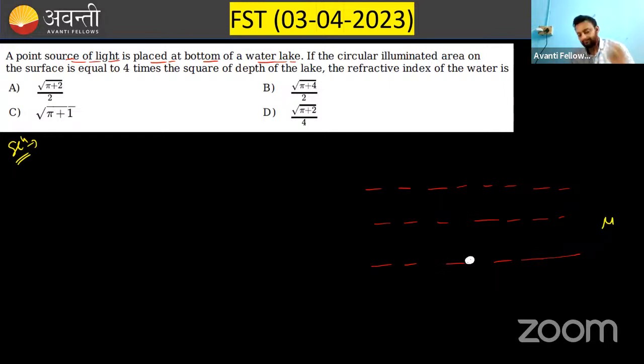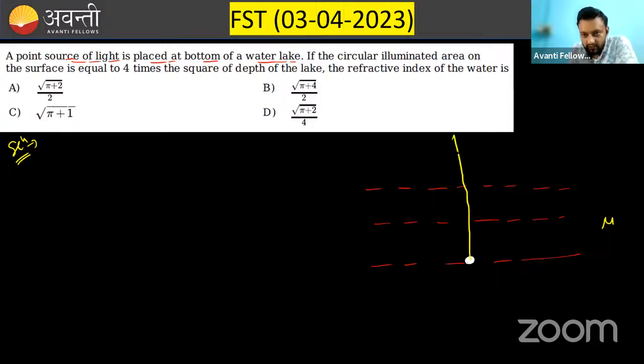Now listen to me. This is a point source. That means light rays will come out of this in all directions. If this is a point source, light rays will go in all directions. And one thing to be sure, can you see that light rays will go something like this?